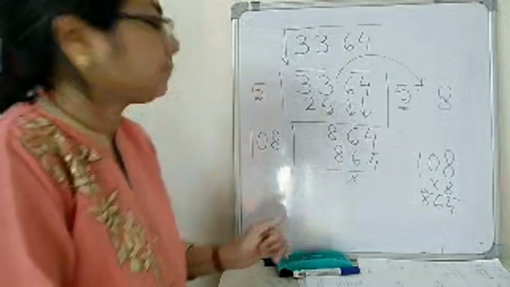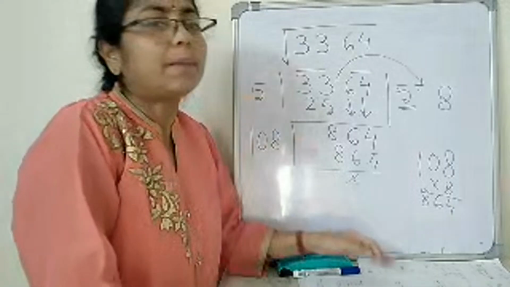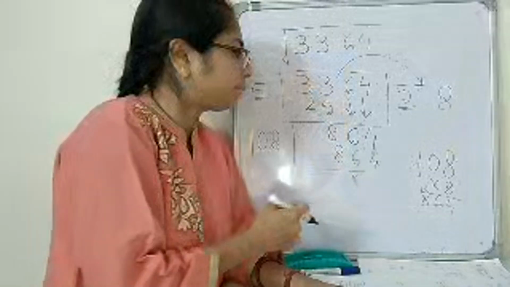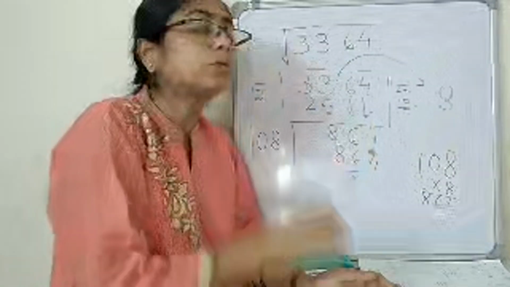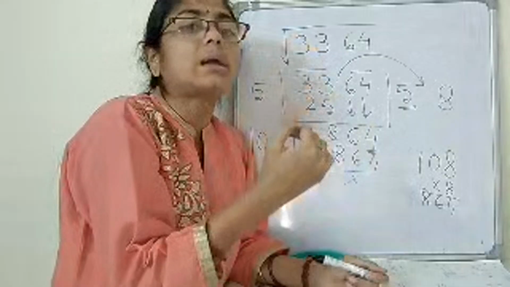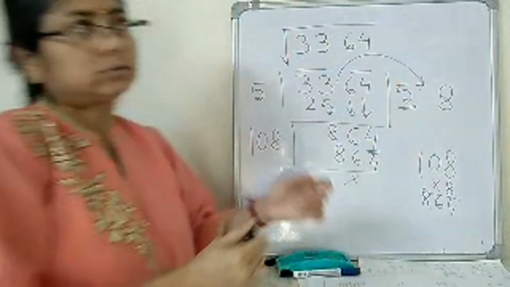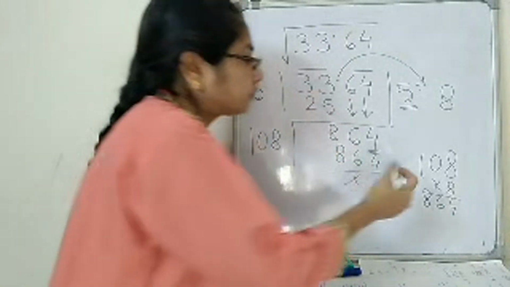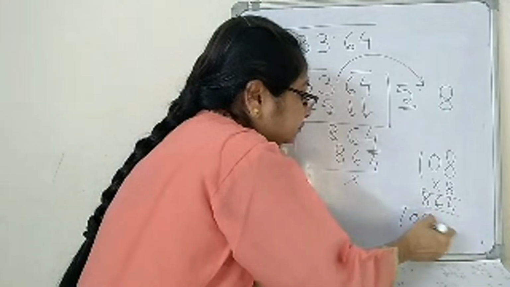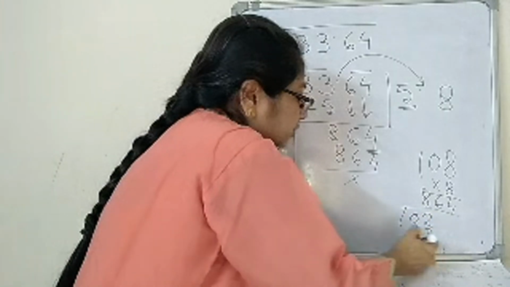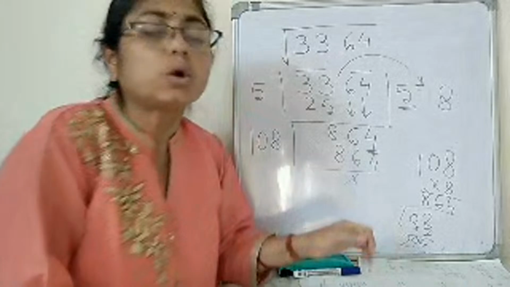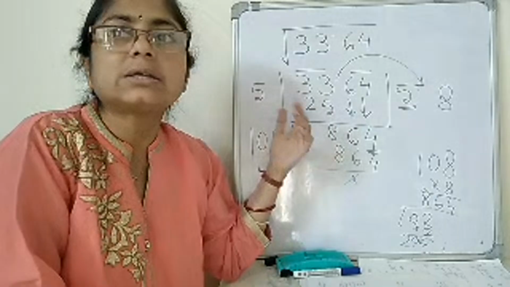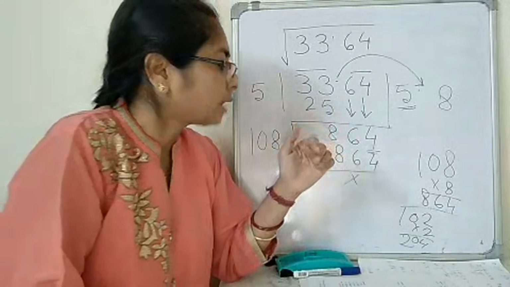What I am telling is that you can put any number, but now it is the third math, so I tell you tricks. You start to do it this way. The last digit is 4. You check which square ends in 4. 2 squared is 4, you can do that. But if I write 2, what happens? It is 204, which is very much less than 864. So I do not use it.